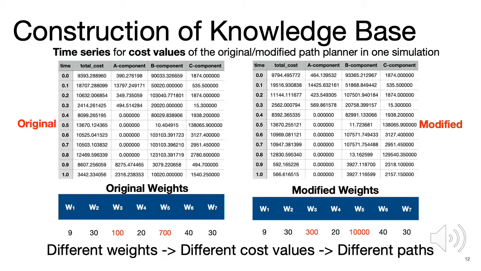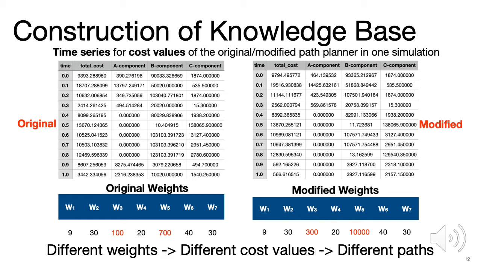And then secondly, the weights. You can see here that the cost values are slightly different between these two path planners, and the weights are also different. We took a further detailed analysis of the path planner decision process, and found that it's the different weights that lead to different cost values and then to different paths.